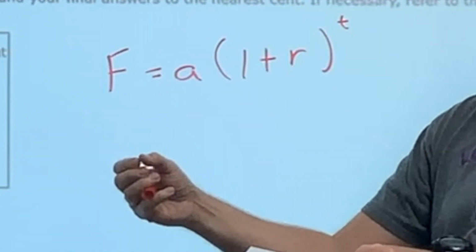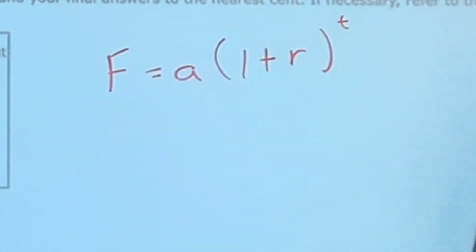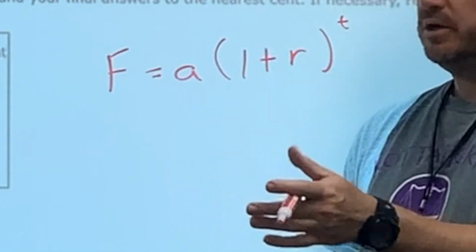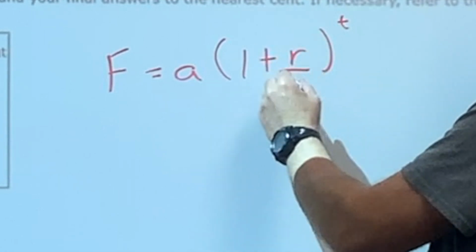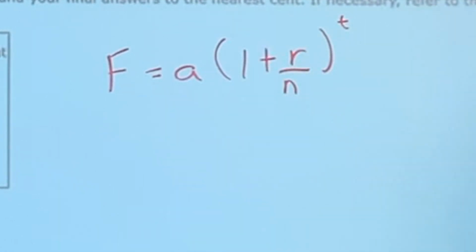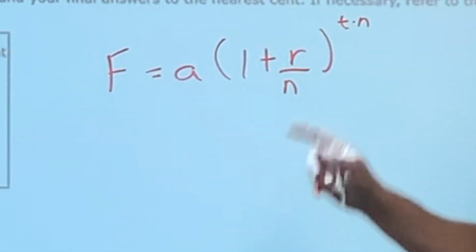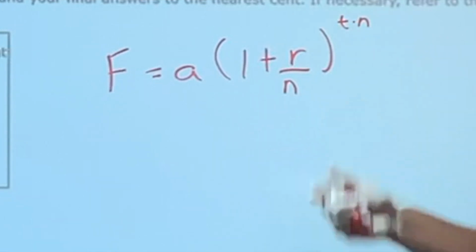We're going to take some sort of percentage of it and add that onto the amount. We're going to do that maybe 4 times a year, or maybe 12 times a year, so either quarterly or monthly. So what we're going to do is divide that r by n, which is the number of times we compound it, and we're going to multiply that times t, because if we do this 4 times a year, then it's going to be 4 times the number of years.